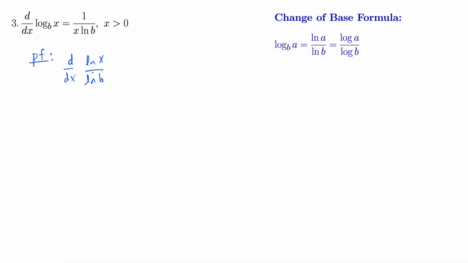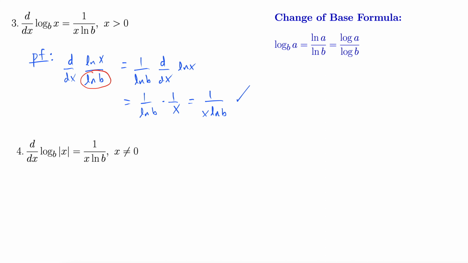Well, natural log of b is a constant, so I'm going to just bring 1 over natural log b out to the front of this derivative, so d by dx of natural log x, which we know is 1 over x. So we have 1 over natural log b times 1 over x, which finally gives us 1 over x natural log b, which is what we were looking for.